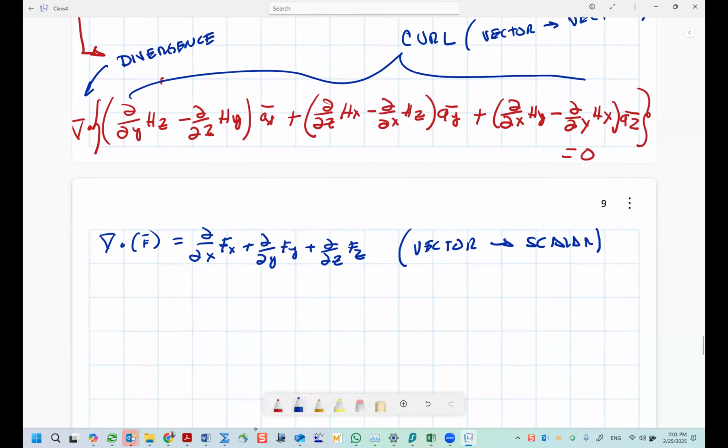All right, so we are going to expand this for each one of these elements.